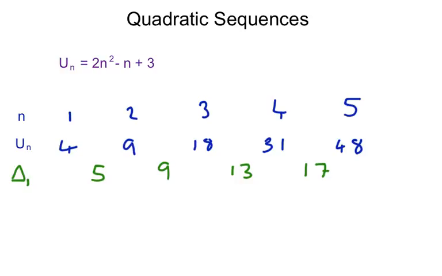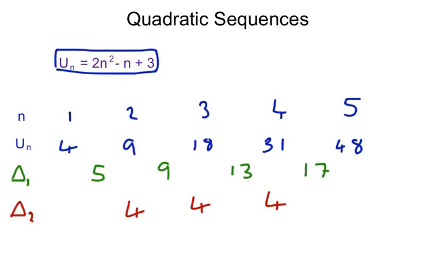And then we are going to look at the second difference. The second difference here is 4, 4, and 4. So the second difference is always the same, which means we are dealing with a quadratic sequence, which we know because at this point we actually know what the general term of the sequence was.